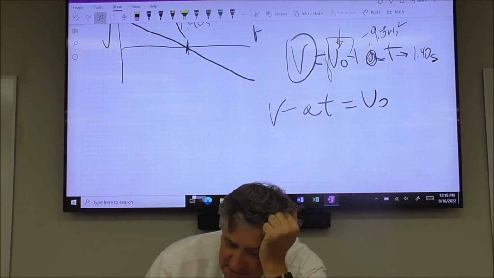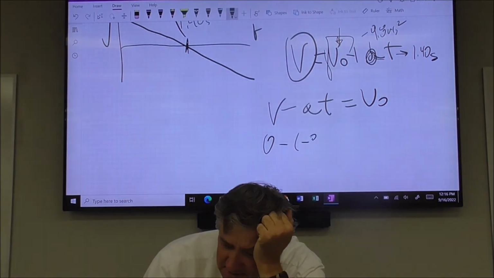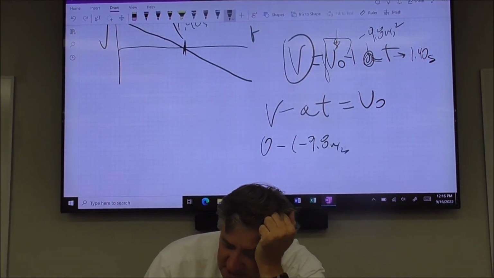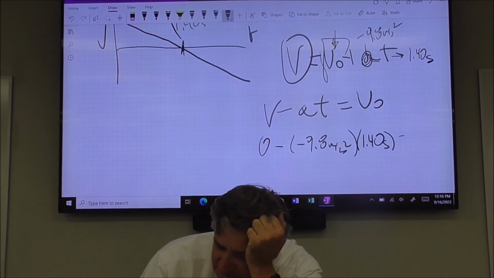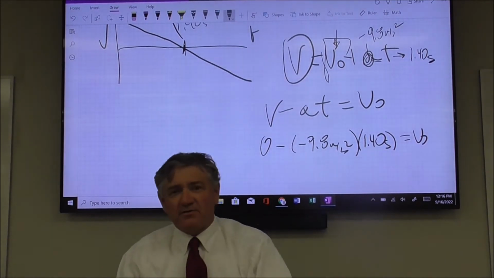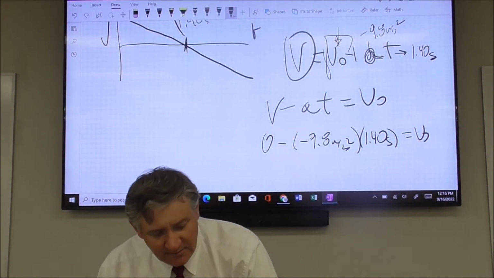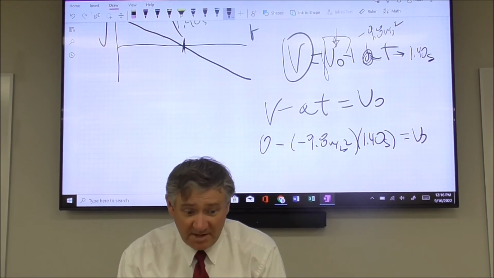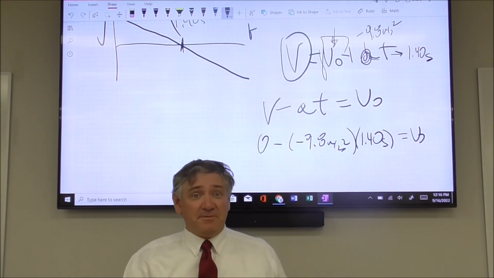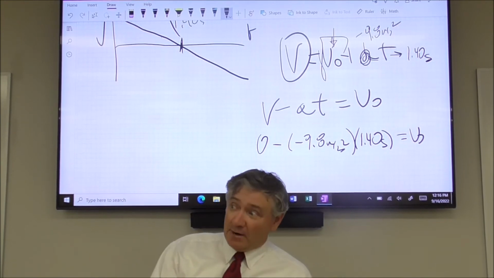So you're going to have 0 minus a negative 9.8 meters per second squared times 1.40 seconds. Now, what do you know about your initial velocity? Should that be a positive or a negative number? Better be positive, because if you're going to throw something up in the air, it's not going to go very high if you throw it down.